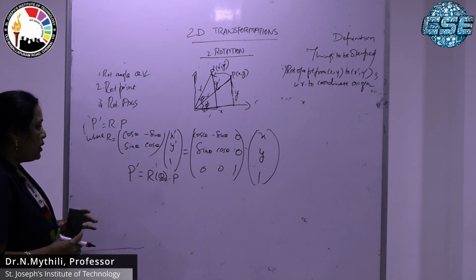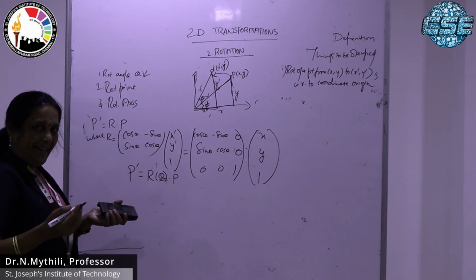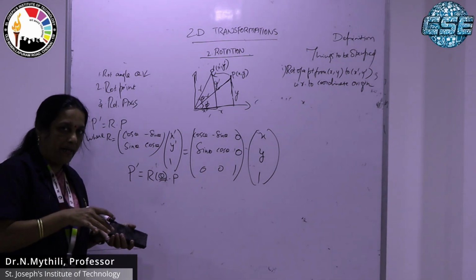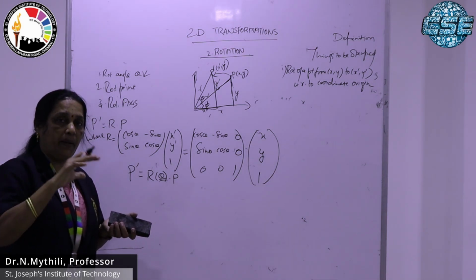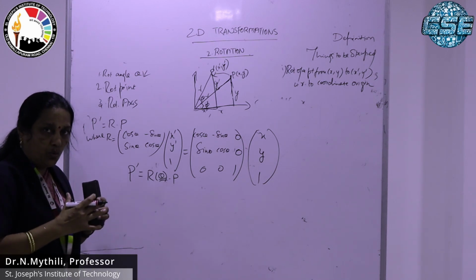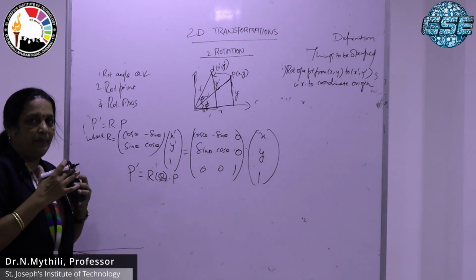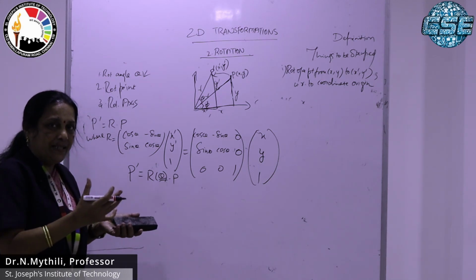Okay, coming to composite transformation, in the same way the first rotation equation is applied to the object, and the second rotation equation will be applied to the transformed object. Instead of that, we can concatenate the two rotation equations together, and we apply only once to the object.